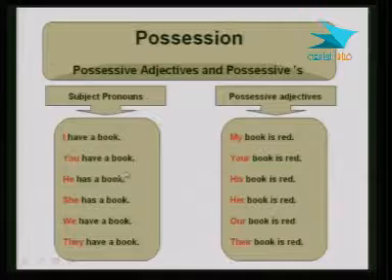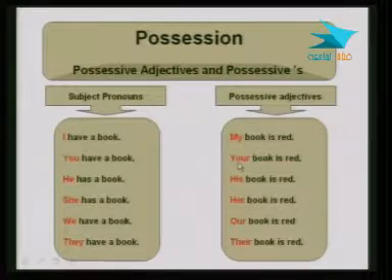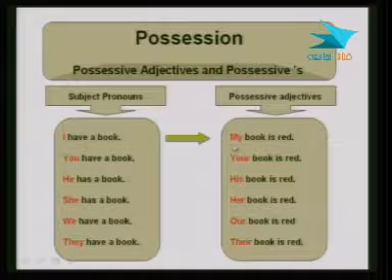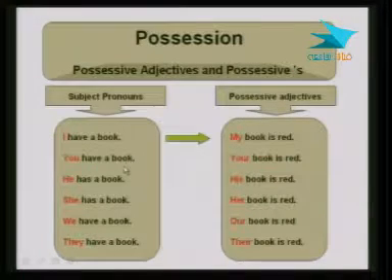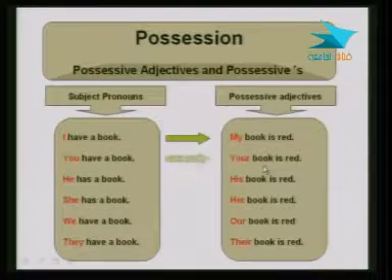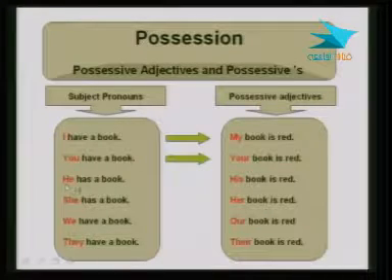Now, you have a book, and because it is yours, we say your book is red. So let's basically do this here. Notice, I have a book, my book is red. You have a book, well, it's your book. So we say your book is red. All right? And he, for a man, he has.